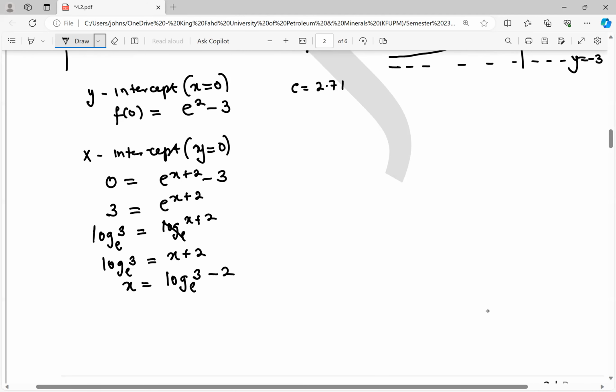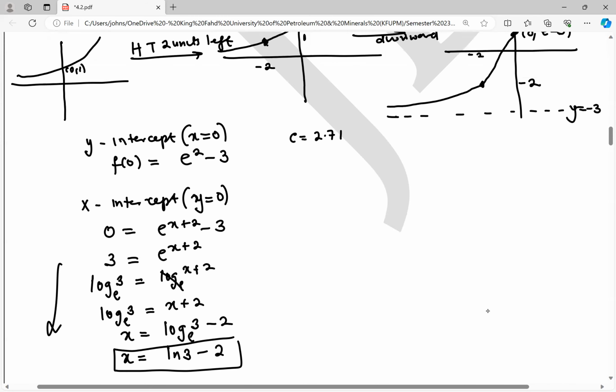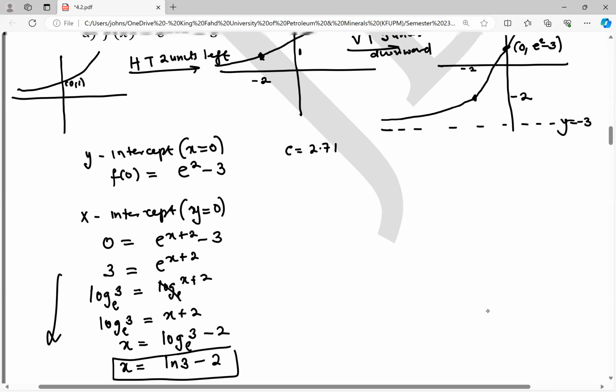And what it means is this we can write as log to base e, which is actually called ln. So we have ln 3 minus 2. So this is our x-intercept. We're going to discuss more about this ln when we get to the next section, in our next video actually.